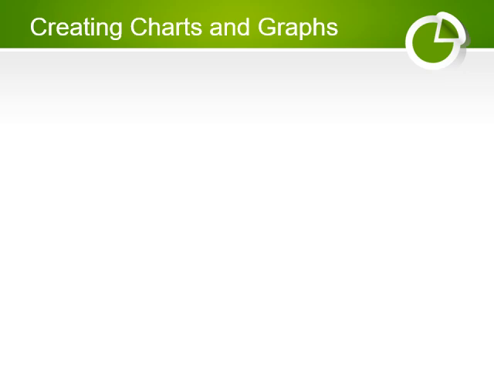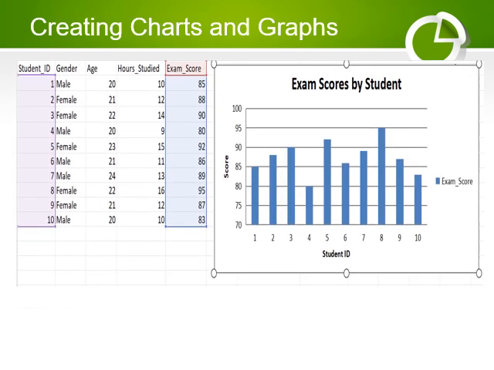Now, let's visualize the data using Excel charts. A column chart displays each student's exam score. So this gives us a quick view of who scored highest and who may need support. So we have here the column chart.